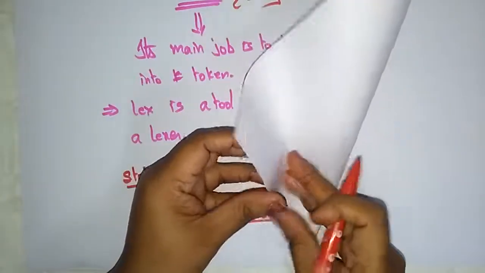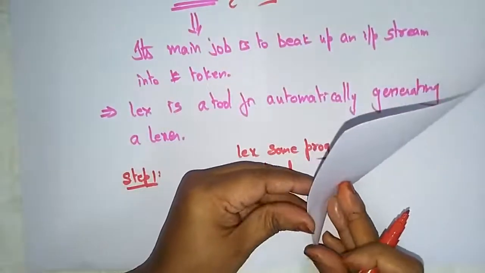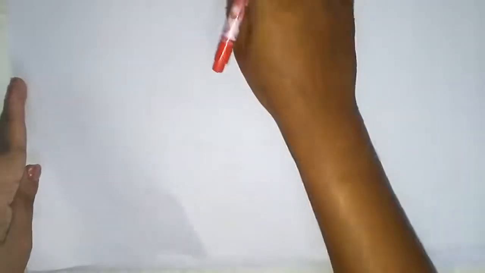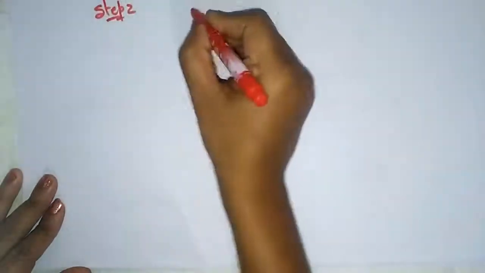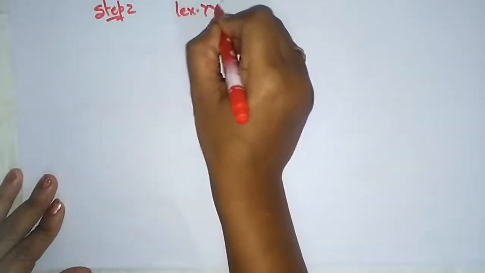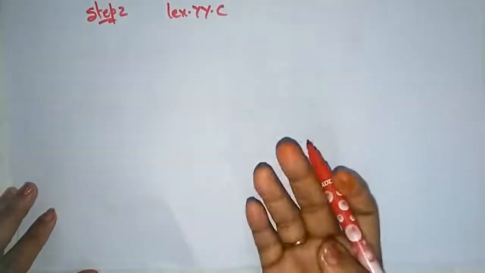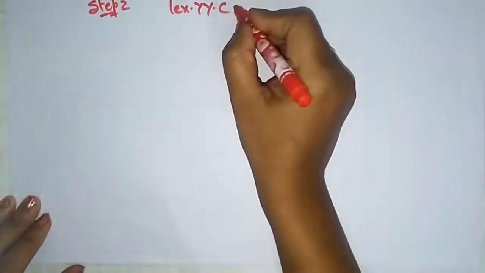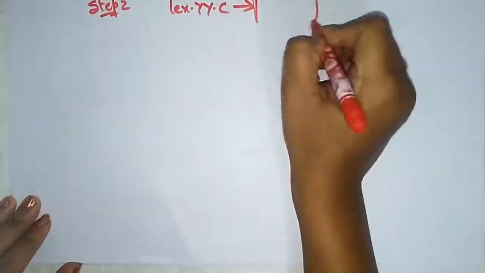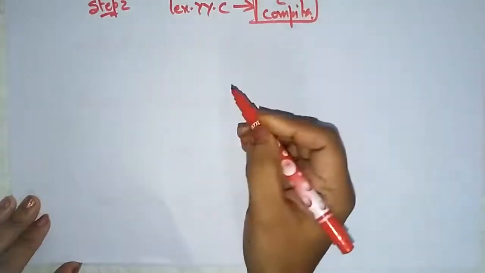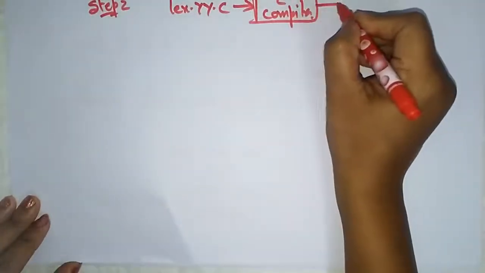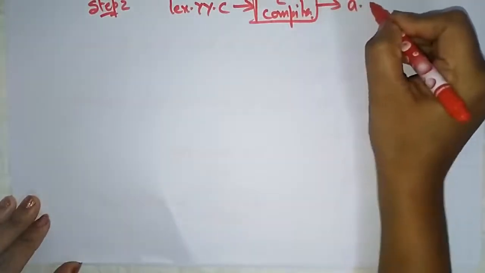In step 2, this lex.yy.c, the output that we get from the Lex compiler, acts as an input to the C compiler, and this C compiler is going to produce a.out.